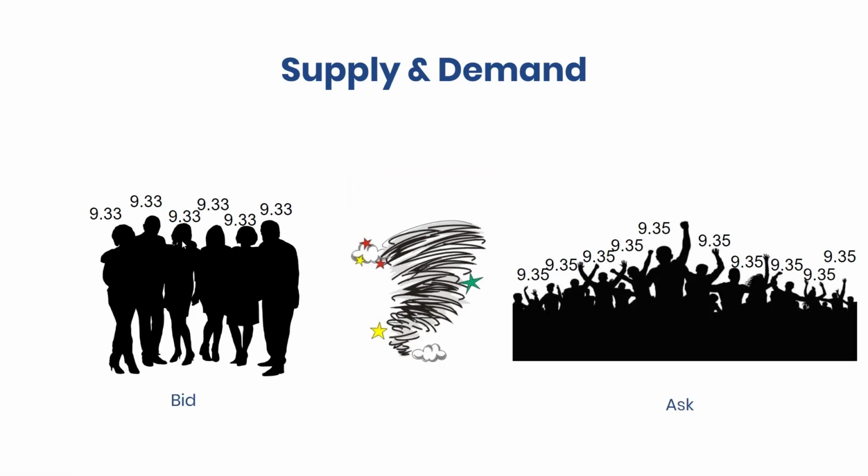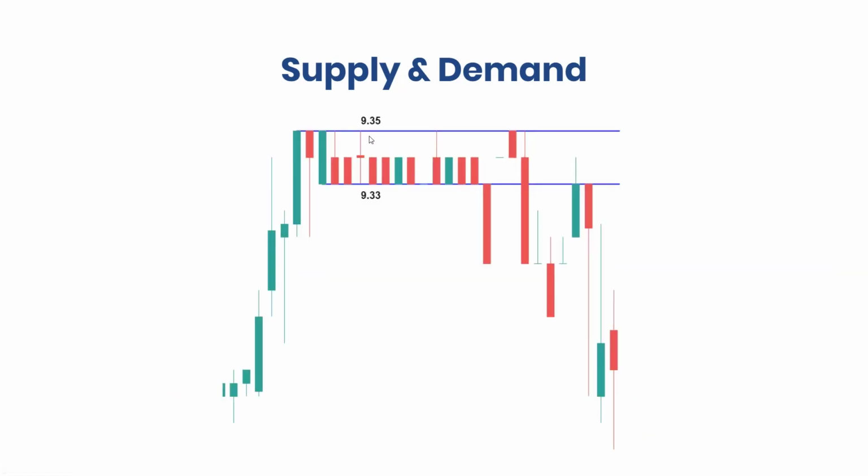So going back to our two crowds, $9.33, $9.35, if we visualize this on our chart, we can see how this crowd of $9.35 manages to keep the price down. Because there are so many of them who are only willing to sell at $9.35 and no one willing to pay that much, the price can never move higher than $9.35.